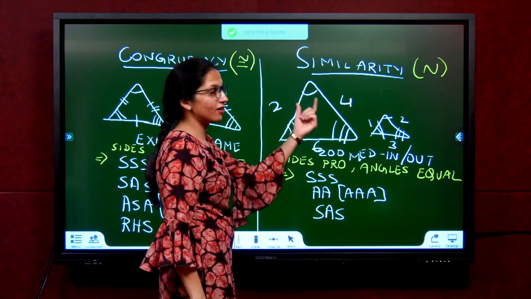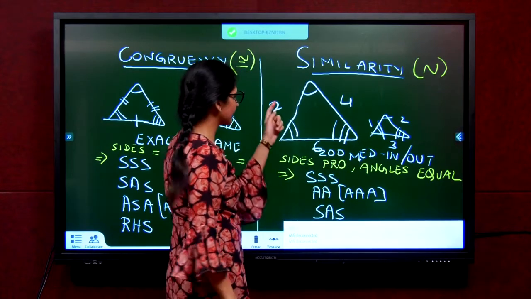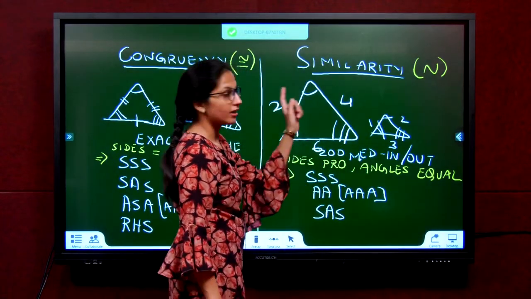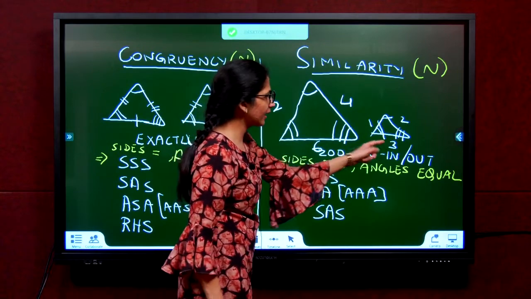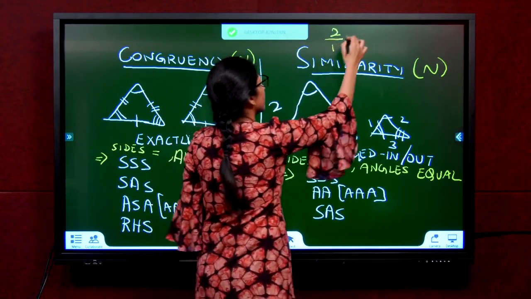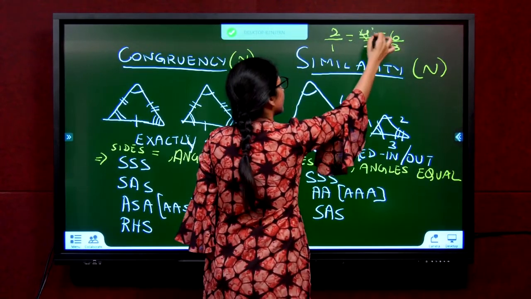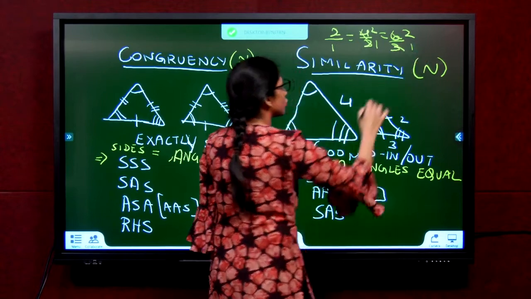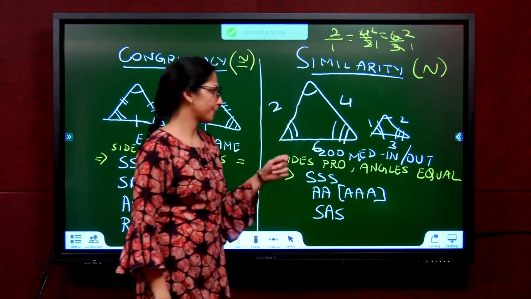So in similar figures, sides are proportional. See, 2:1 is 4/2, again 2:1. 6/3, 2:1. 2/1 is equal to 4/2 equal to 6/3. Everywhere you get 2/1. So sides are proportional, angles are equal.